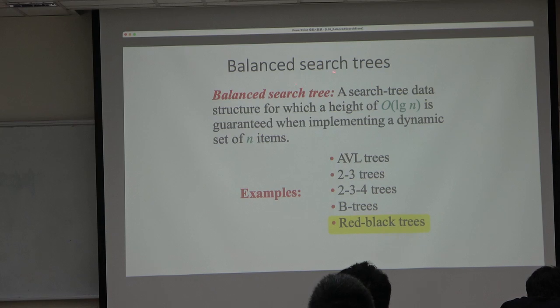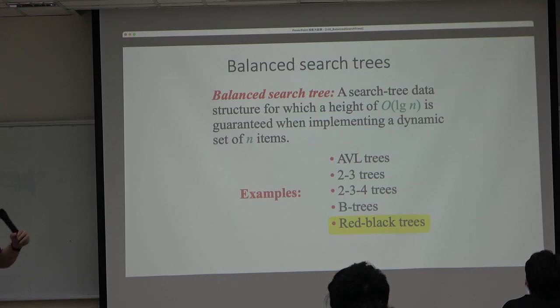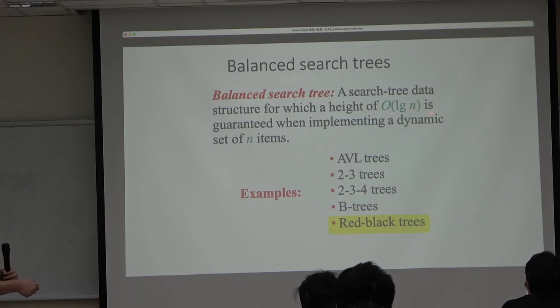What do we mean by balanced? A tree is said to be balanced if the height is guaranteed. It's not like you have an average case. No, the worst case is still guaranteed to be log n. The height will be log n.